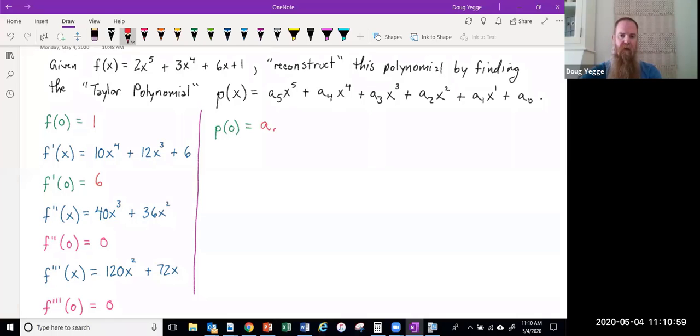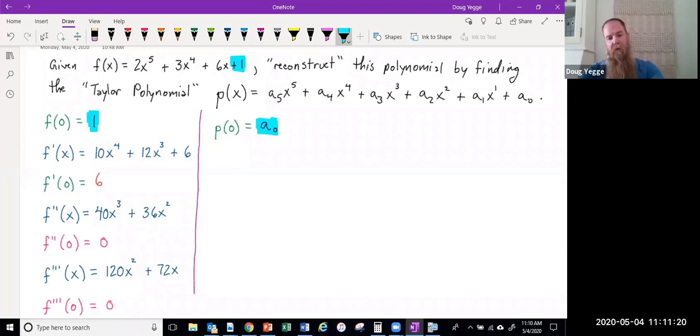So automatically I can tell that my constant term is going to be 1, because I've now shown that a0 is in fact equal to 1. And I've already rebuilt my first starting point, 1.